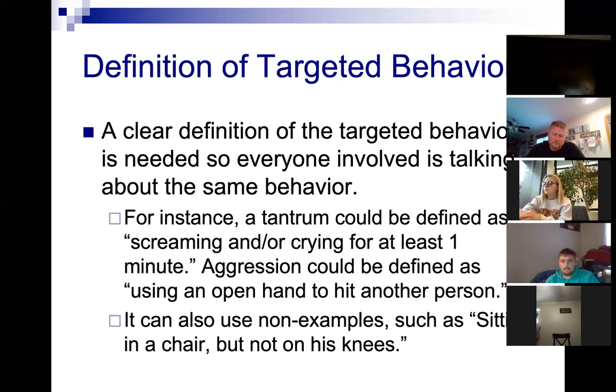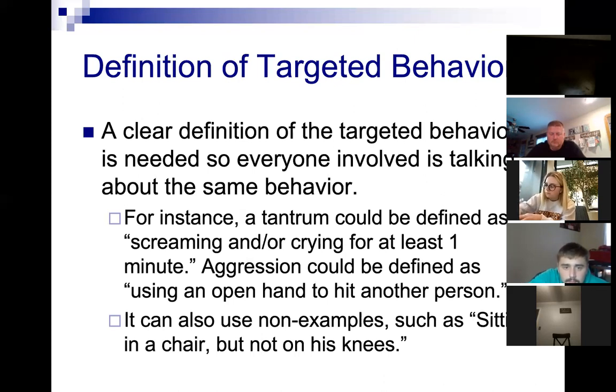So they gave the examples here in this PowerPoint, define tantrum. Make sure that everybody understands what you mean by that. So do you mean screaming or crying? Is that what you meant? And I can't tell you how many times I've gone in to consult with a team and I'm being told the student has so many aggressive behaviors. And I'll say, tell me what it looks like when Johnny's aggressive.